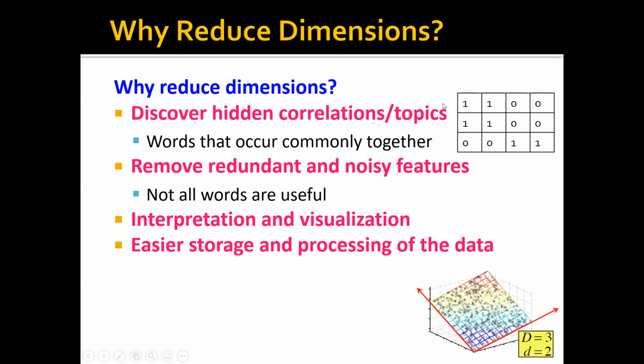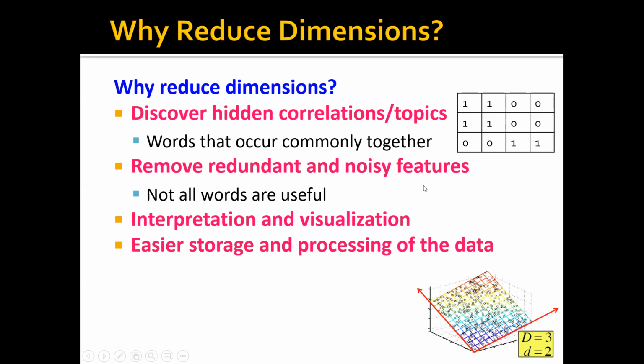The first document has only 2 words, word 1 and word 2. And the third document has 2 words, word 3 and word 4. By performing dimensionality reduction, we can naturally find that word 1 and word 2 usually occur together, and so do word 3 and word 4. Therefore, we can say that the first 2 words belong to the same topic, and the last 2 words belong to another topic.